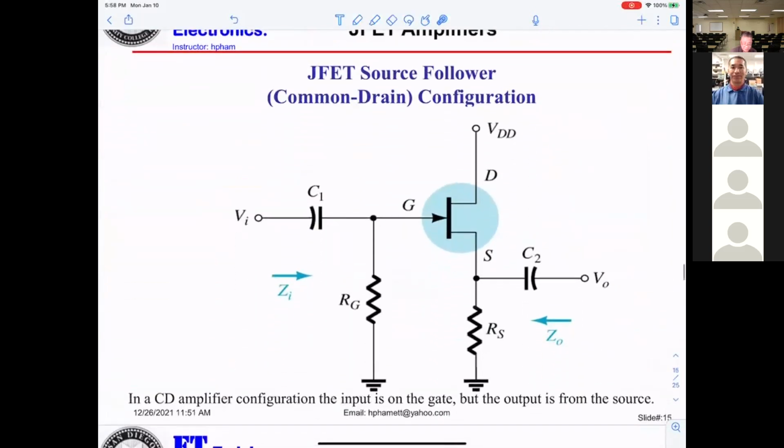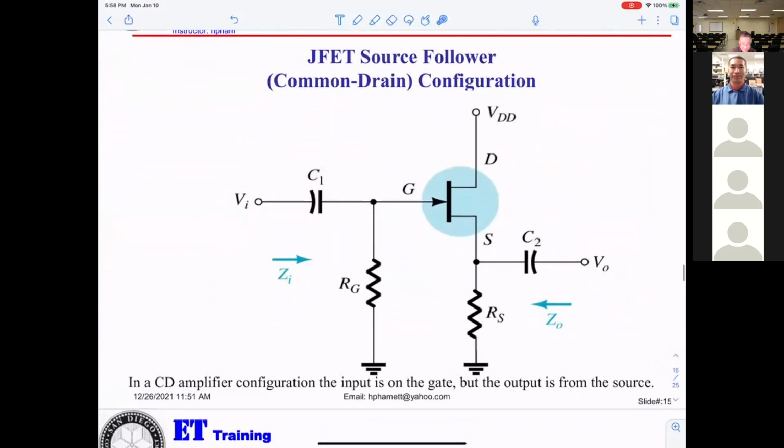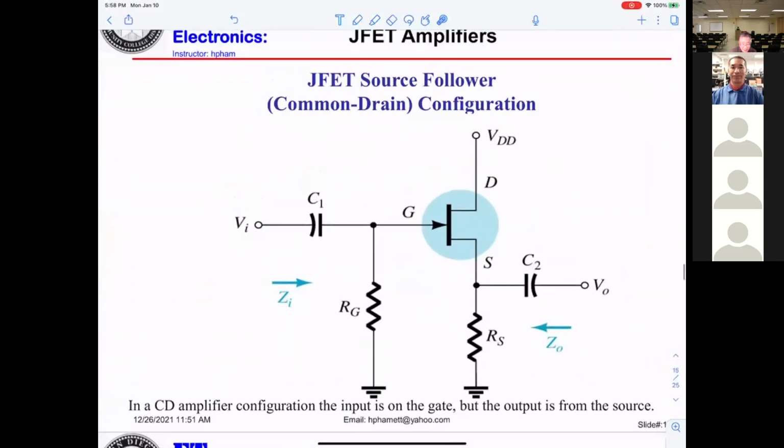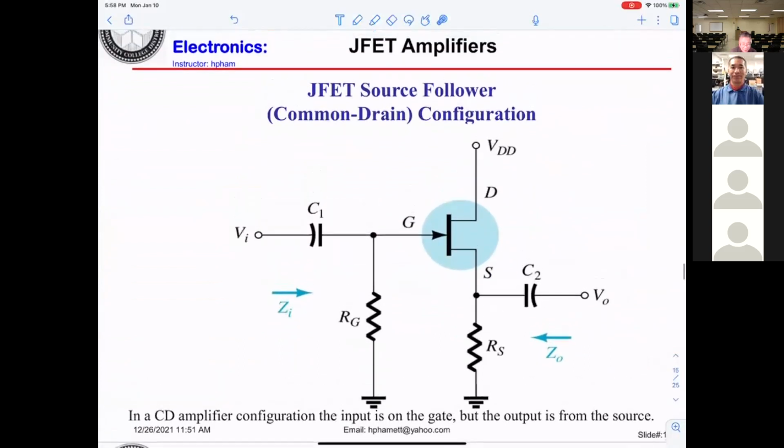Another one, that one here. Okay, let's see. Now, next one, common drain. Common drain has another name: source follower. How come they call it a source follower? When you read source follower, do you understand why?